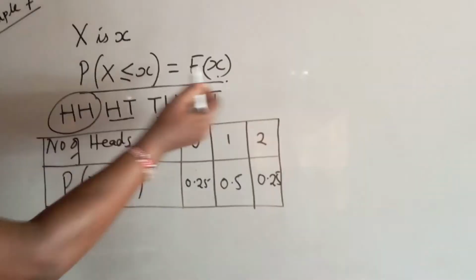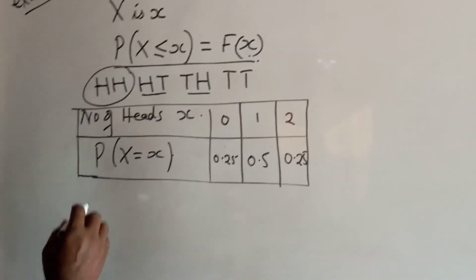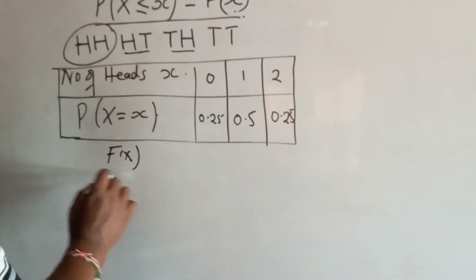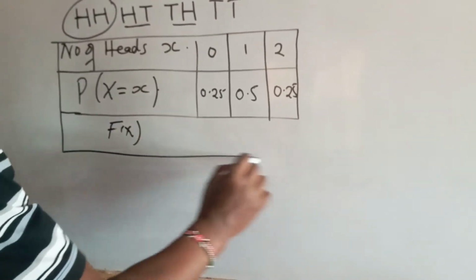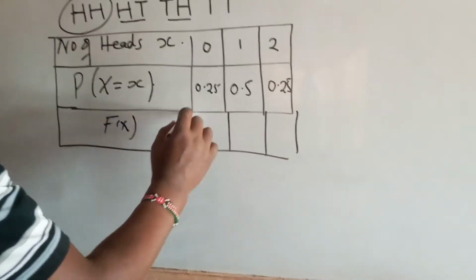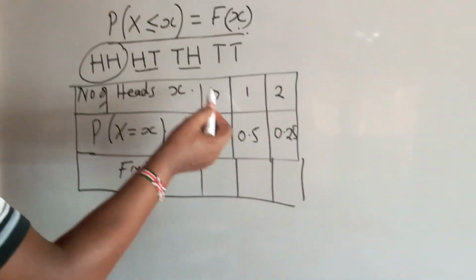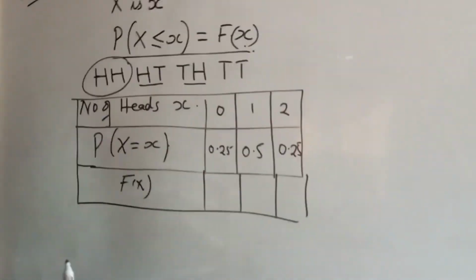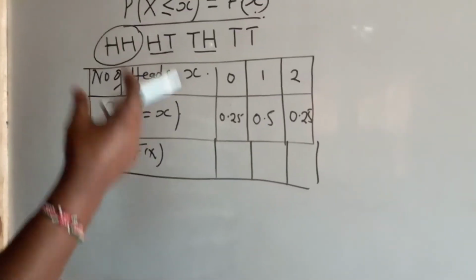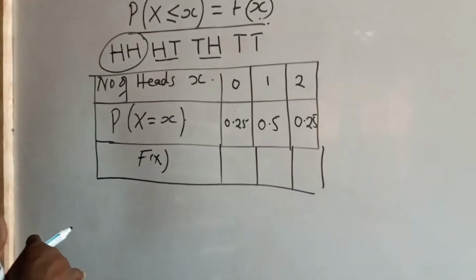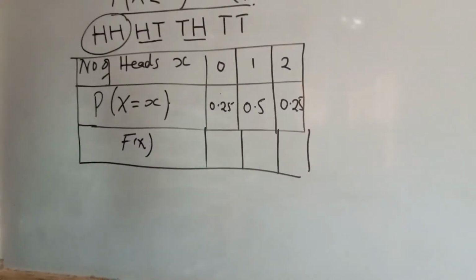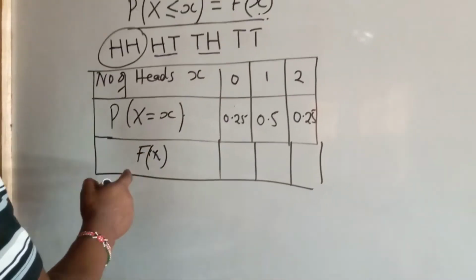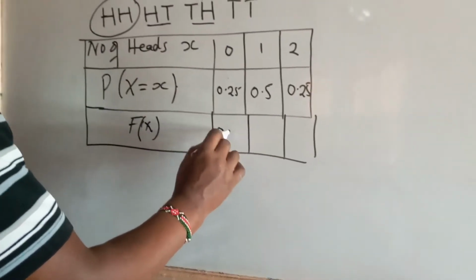And this is written that way. So cumulatively, let us talk about now the F(x). F(0) is just itself, because here we are looking at the probability that X is 0 or anything less than 0. Of course, there is nothing less than 0, so the probability of X being 0 is the same as the function of x, so 0.25.